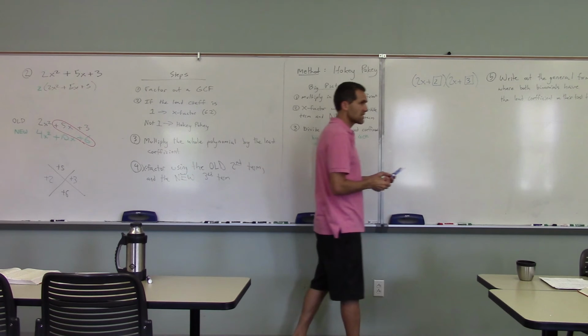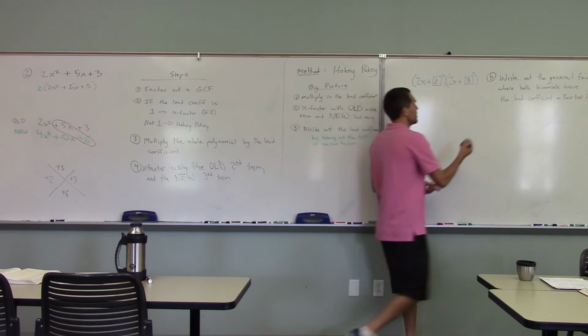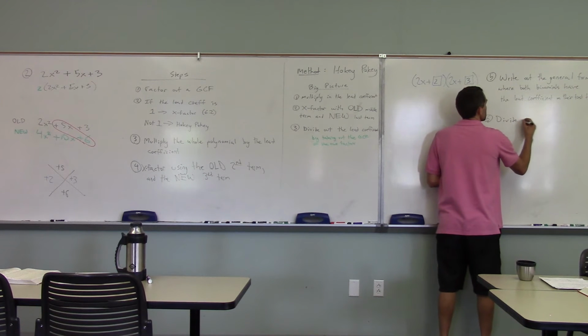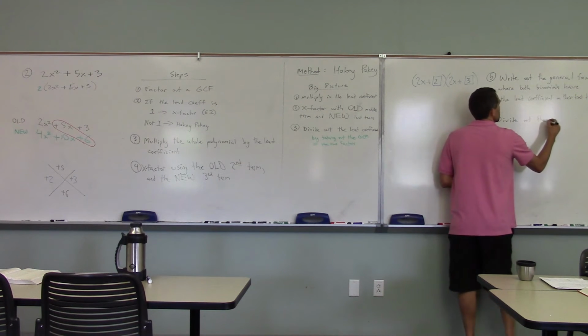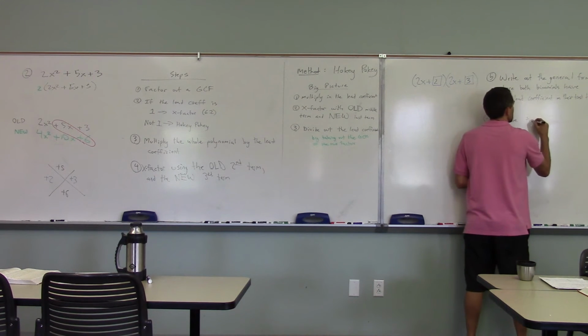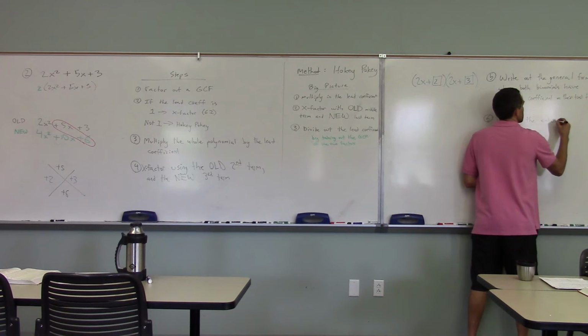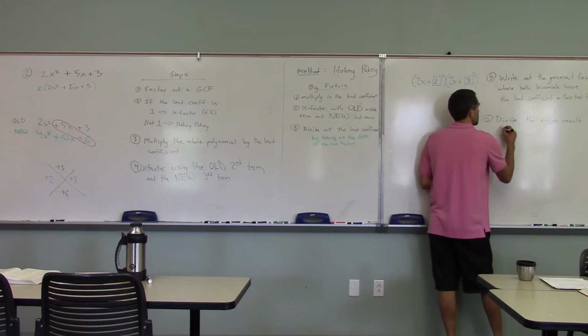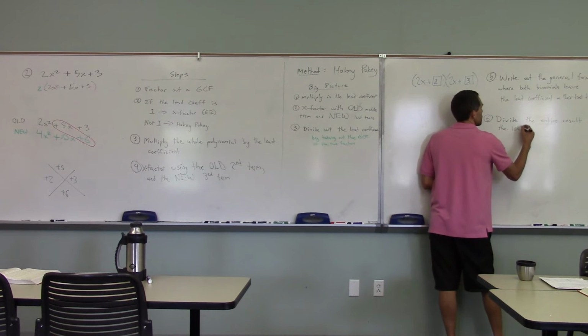So going over here, we get positive 2, positive 3, okay? And our last step is divide out the lead coefficient.